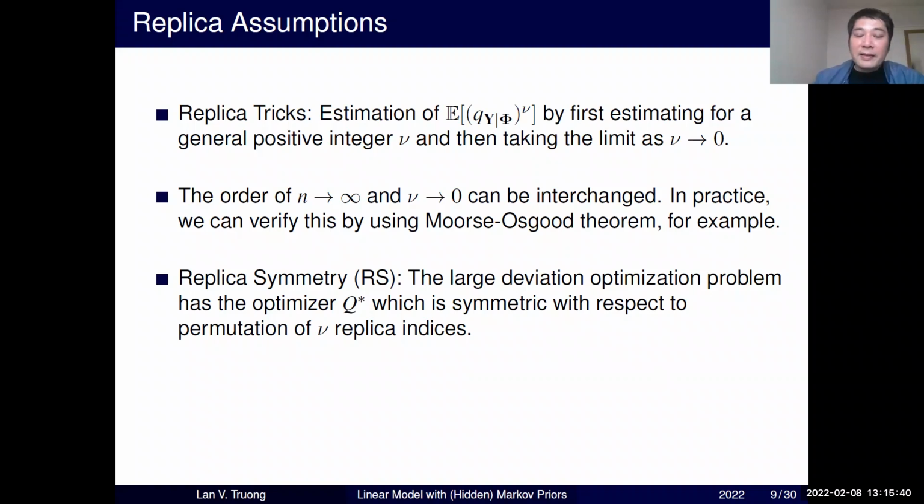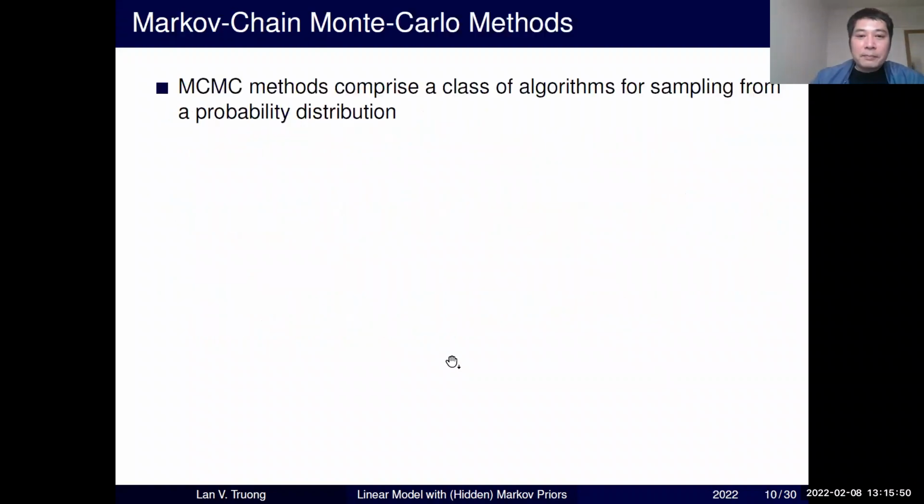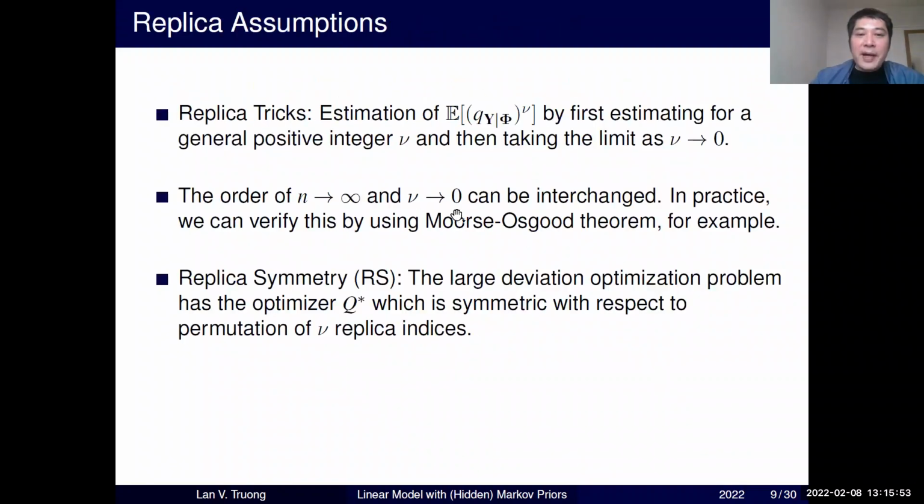This means that they assume the optimizer has some structure, some nice symmetric property. So those are the three main assumptions in the replica method, and they look hard to prove correct from a mathematical viewpoint, but in practice, in many applications, we can see that it works. For example, in the linear model with IID components.